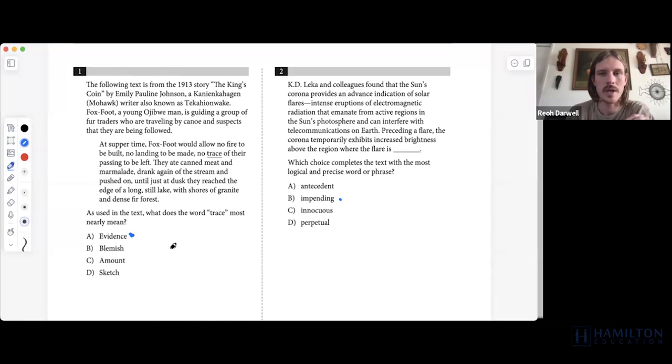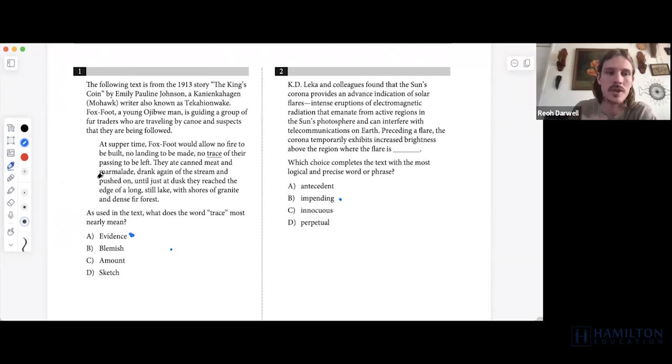All right, so our first question here on 395 comes in the form of a word in context question. Typically the SAT gives most of our word in context questions like we see on question 2, but we do get a couple per test in the form of question 1, where we have the word in context, and then we need to see what best fits to replace that word, essentially, right?